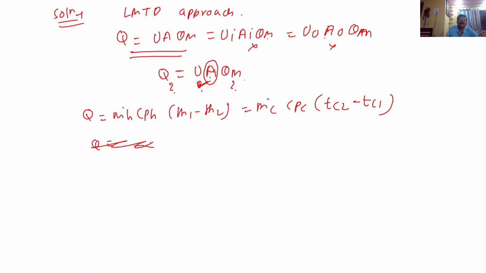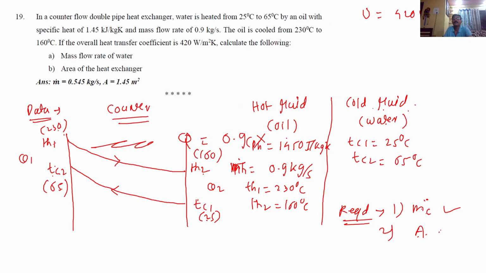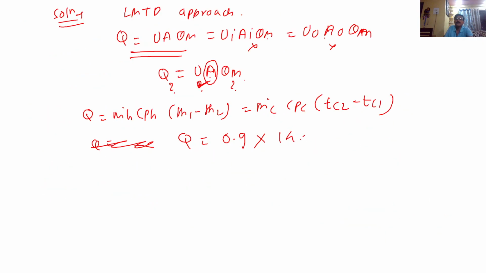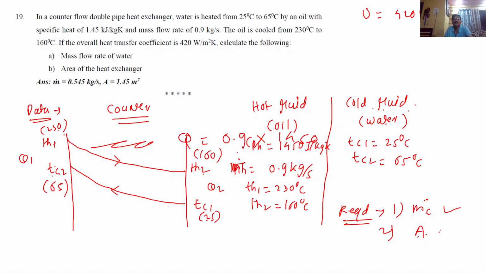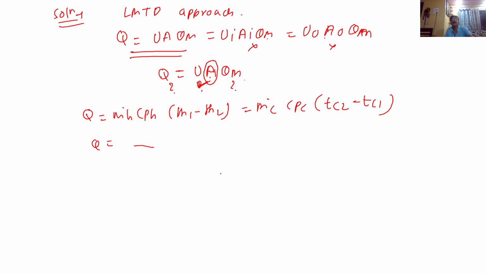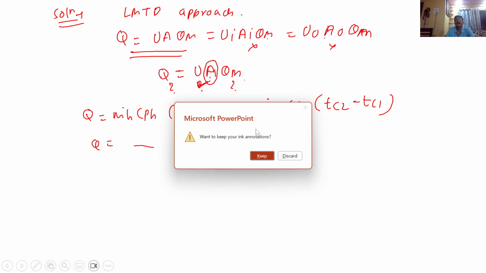Q is equal to M dot C is 0.9 into 1450. Okay, here again it is problematic. Whatever I am writing is coming on slide number 1, so I'm better off not writing anything here.